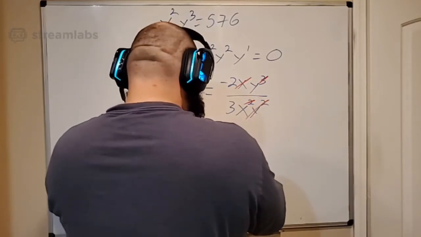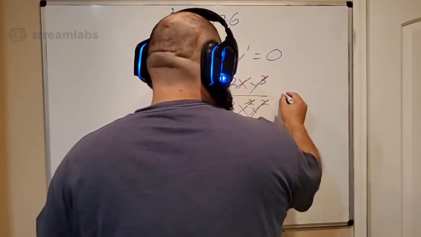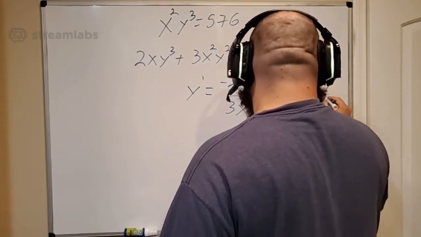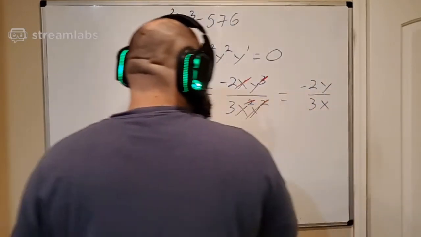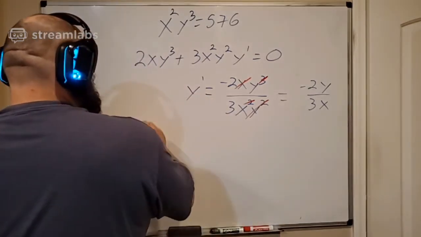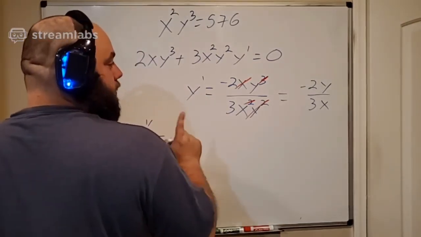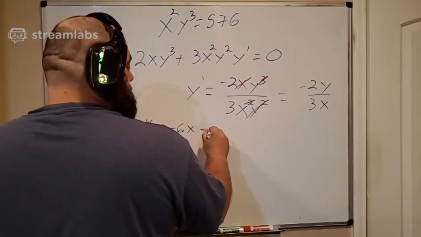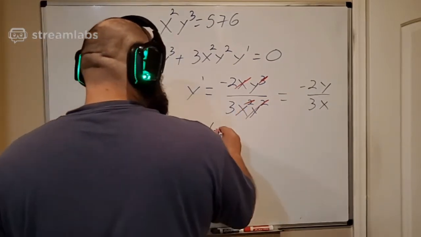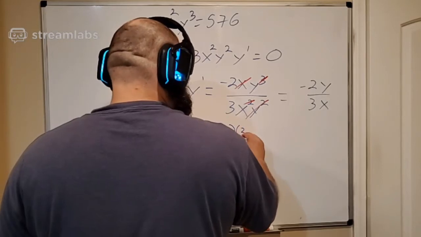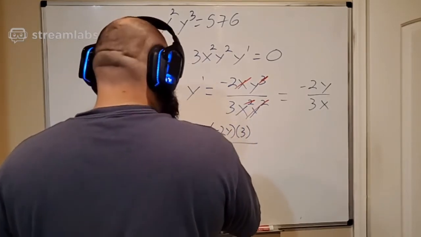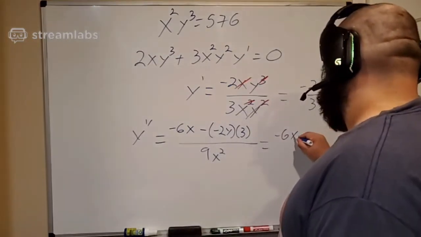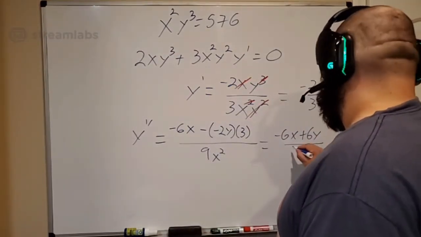So you get negative 2y over 3x. And then take its derivative, y double prime, negative 6x minus negative 2y times 3 over 9x squared. Negative 6x plus 6y over. So those should be your two derivatives, and then just plug in your values.